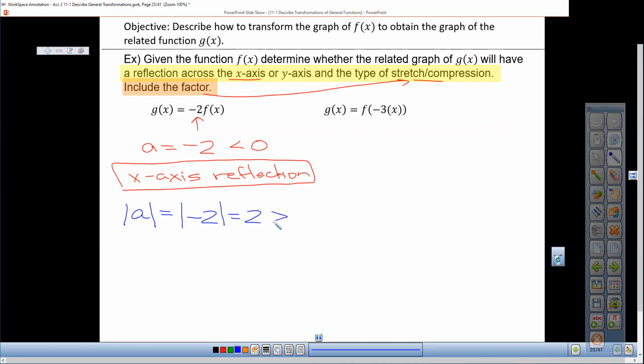So 2 is greater than 1. Anytime your absolute value is greater than 1, you have a stretch. The type of stretch depends on the parameter. So because we have A, we know that this is a vertical stretch. And our factor for our stretch is the 2.